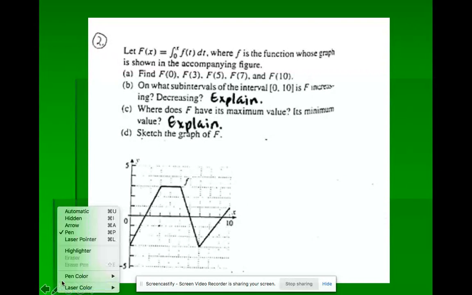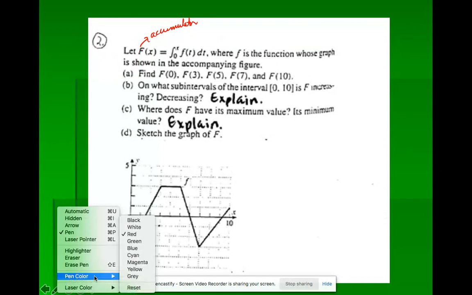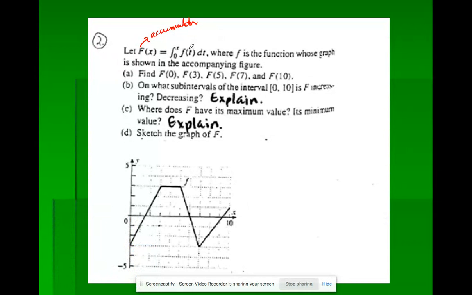Notice again, here's my accumulator function. And the function I'm accumulating integrals from is the derivative of the accumulator. So little f is a derivative.